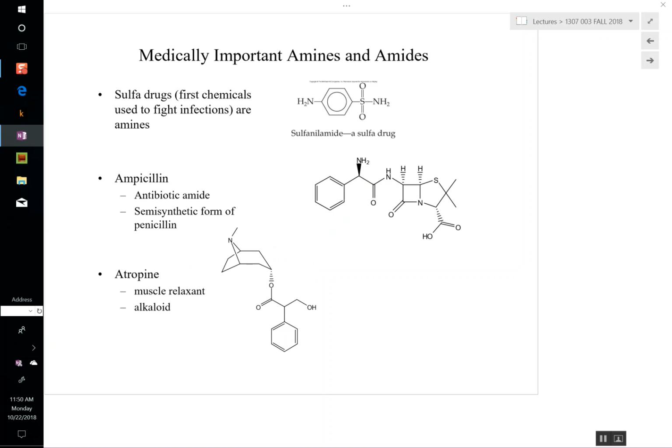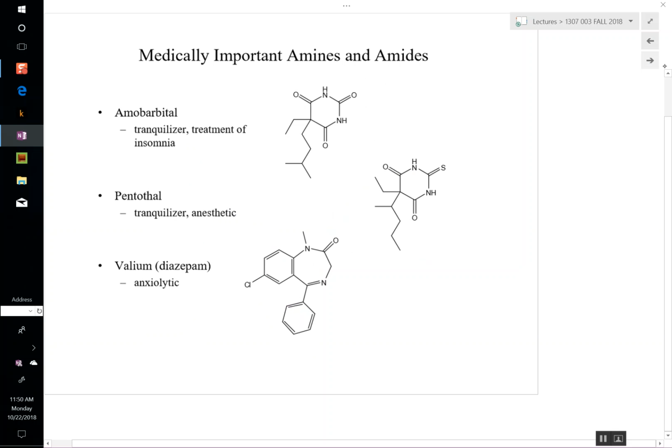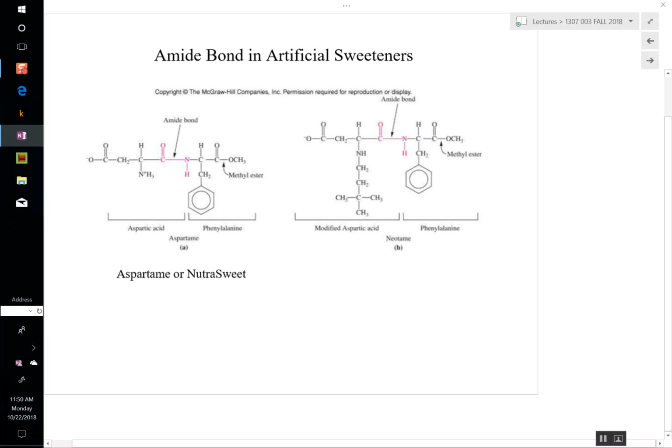Kind of a complicated one with sulfur in it. You can see some of the ring structures and associations of things get a little more complicated. Valium, heterocyclic amine here. Aspartame and neotame.